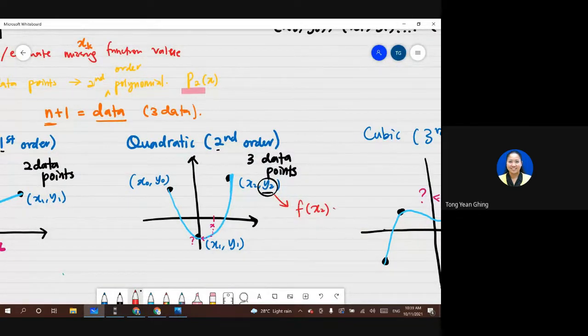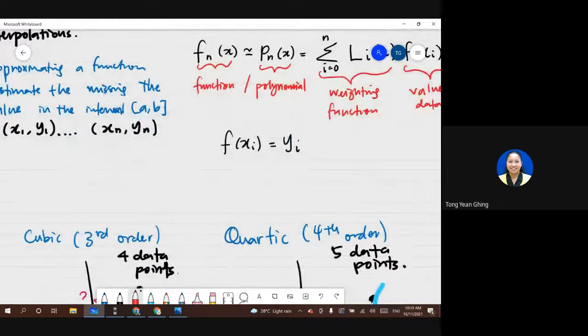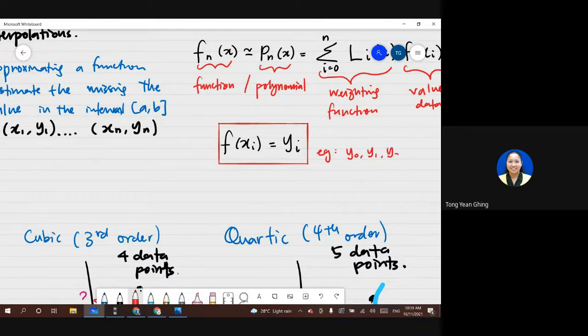Okay, this means y2. So f(x_i) means the value of y. For example, you will have y0, y1, y2, and so on until yn.